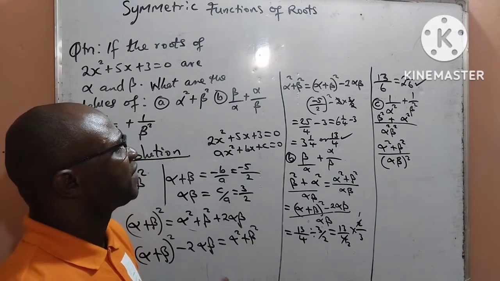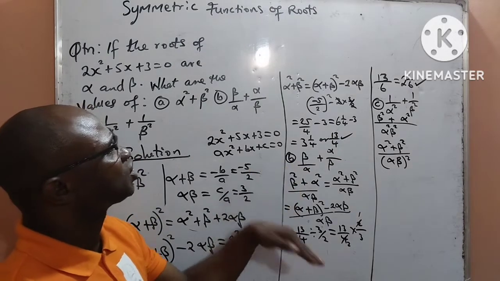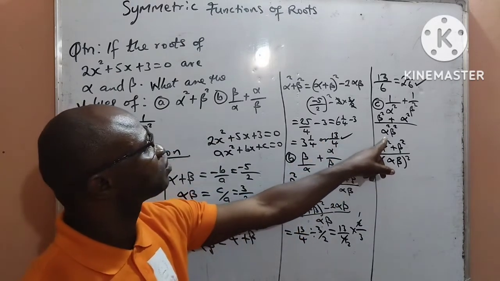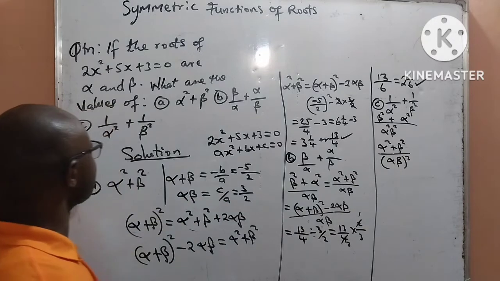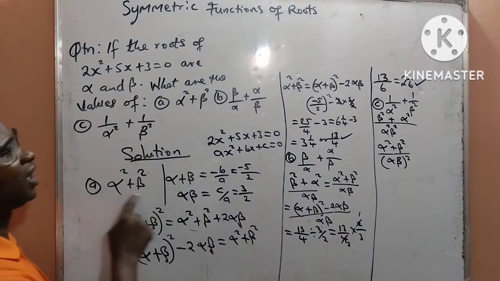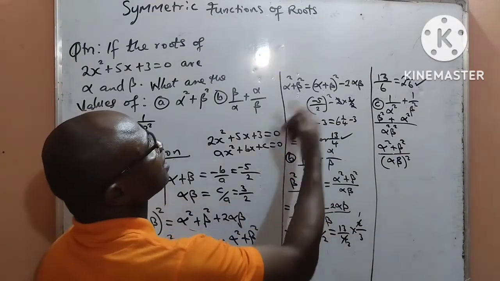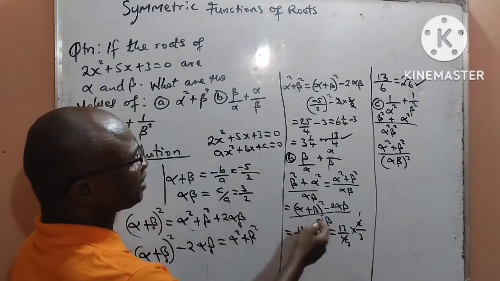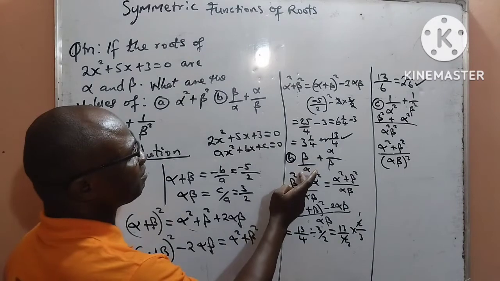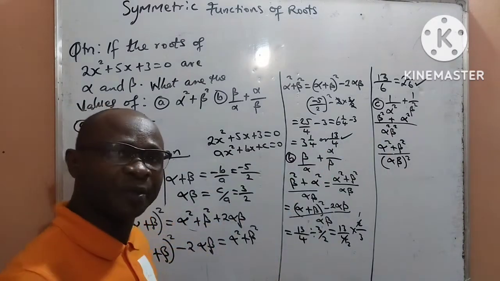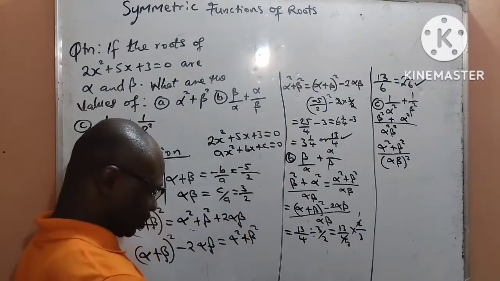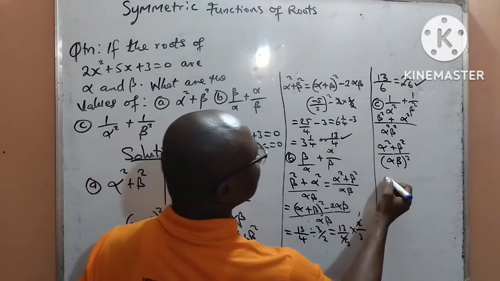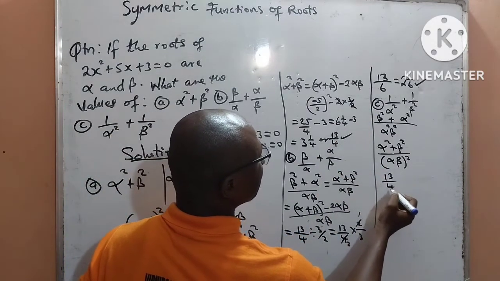So, it is very important if I just move straight, substituting the value of alpha squared plus beta squared, since that is exactly what I am asked in question A, and my answer came out as 13 all over 4. So let's substitute it because we have already expanded it in A and in B. And this time around, since it's coming up again, we just put the value of the answer. So that answer is simply 13 all over 4.